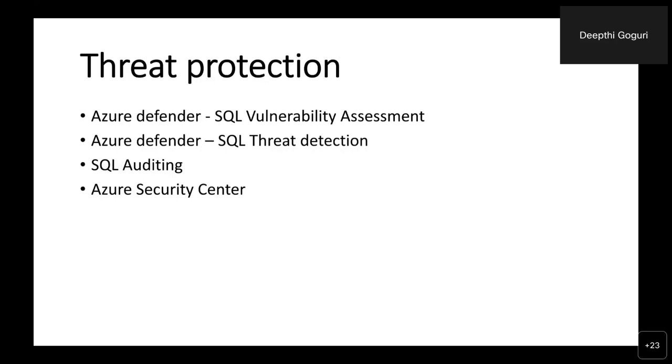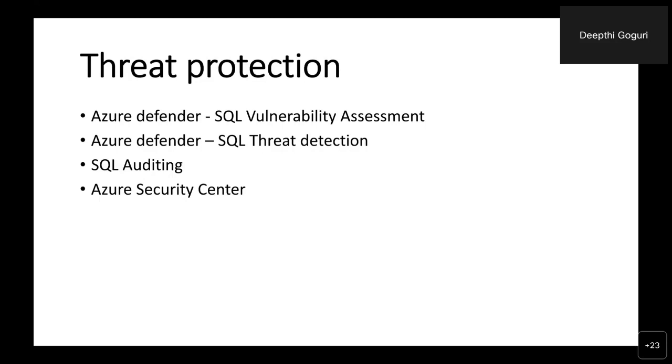If you build a database and your database is not following those standards of Azure, it will capture that information within the SQL vulnerability assessment, and it will provide you the details of how your database is expected to be configured. You can see the details and take the action, because the necessary remediation steps are also provided.